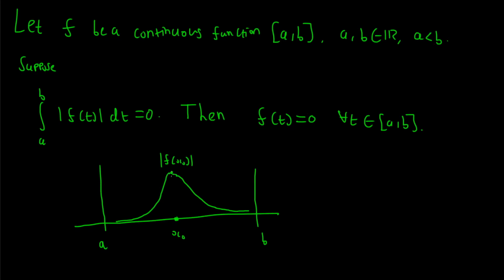So because f is continuous, the absolute value of f is continuous as well, so you can pick a little region here where the height is the absolute value of f of x0 divided by 2, and then these little regions are x0 minus delta and x0 plus delta, for some positive delta, which is probably going to be quite small. And then what we're actually interested in is this integral here, which is simply the area under the entire graph.